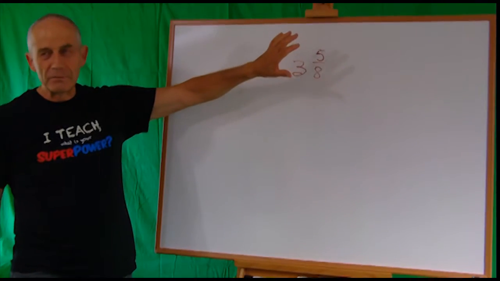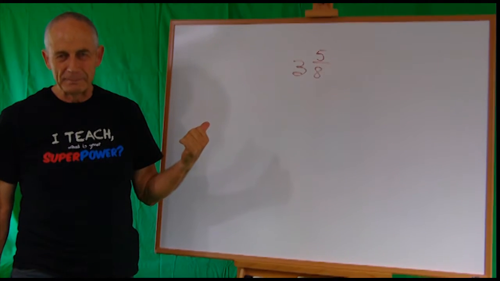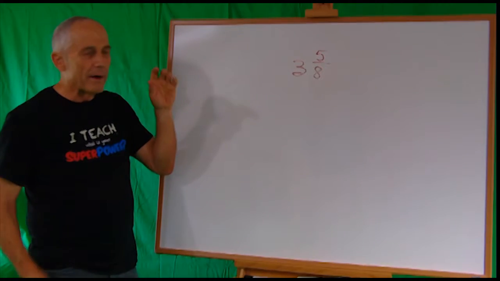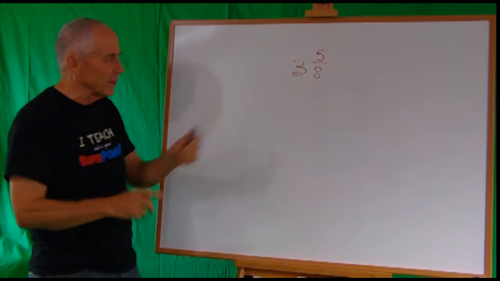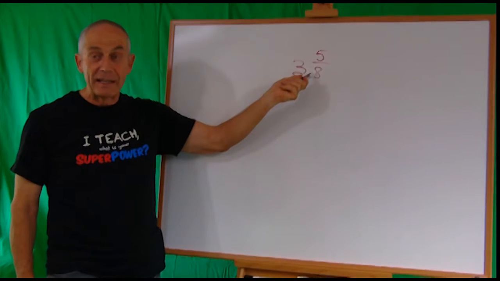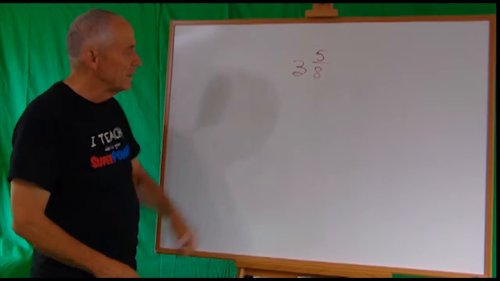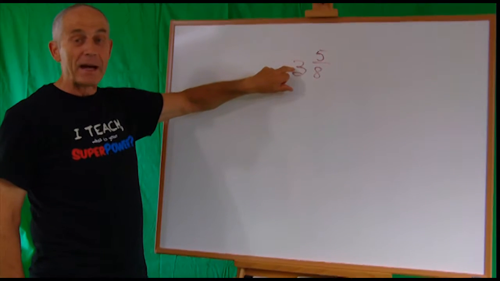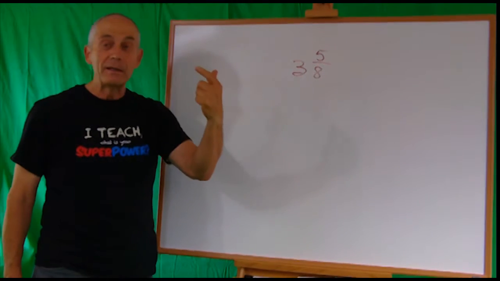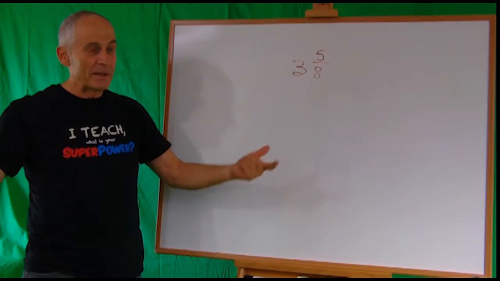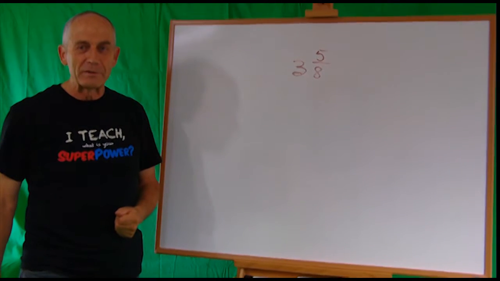Now, converting a mixed number to an improper fraction. What I see, because I've trained my brain to do this, is that I'm dealing with 8s. I look over here and I've got 3 whole numbers. And then I think, wait a minute, 8s, that means there are 8 in each one of those 3 whole numbers.